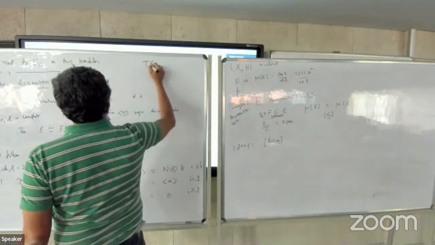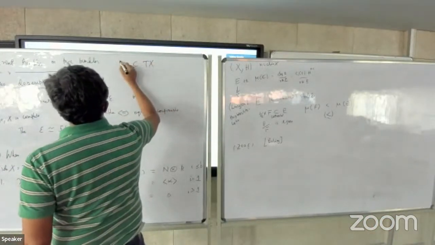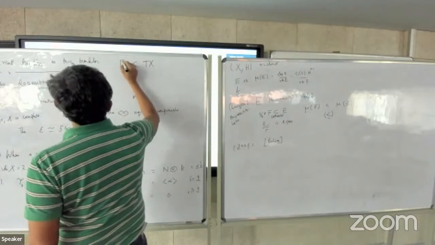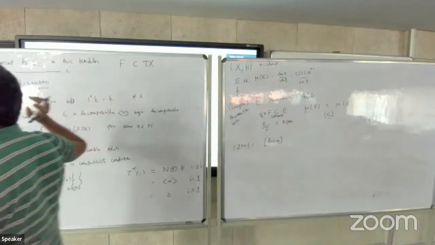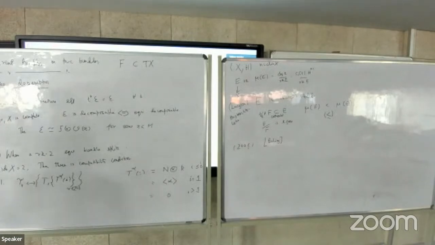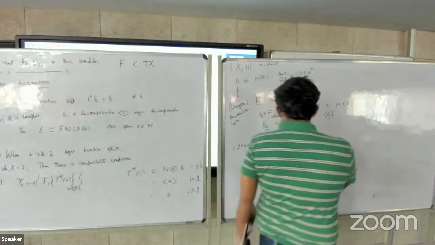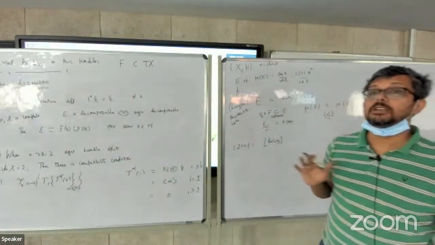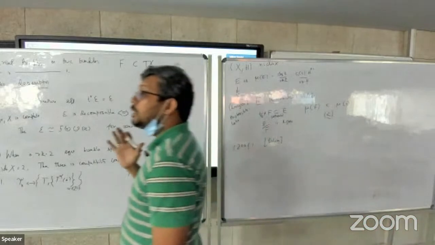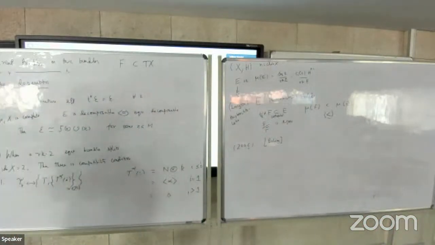The tangent bundle is a bundle. If I take a saturated subsheaf of a reflexive sheaf, it is reflexive. So it is enough to know what the reflexive subsheaves of the reflexive sheaf are. The description of reflexive sheaf is easier to handle.